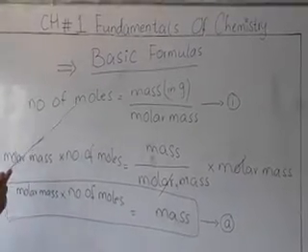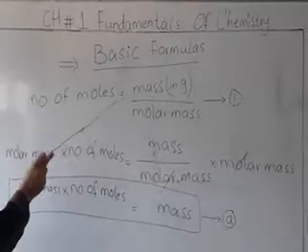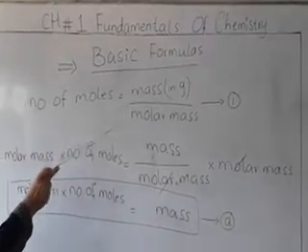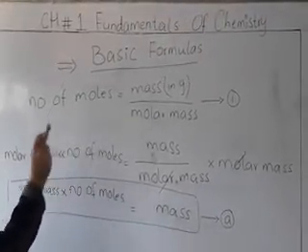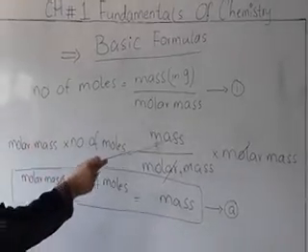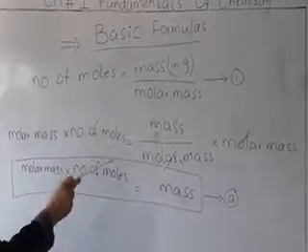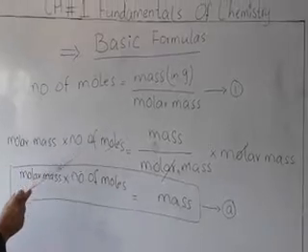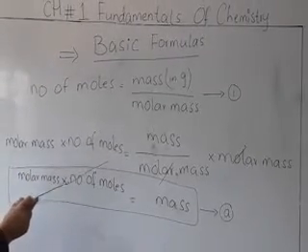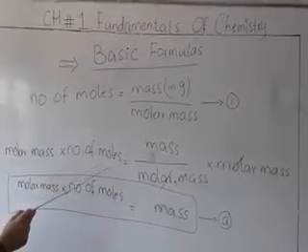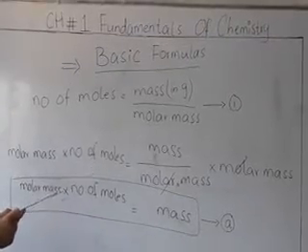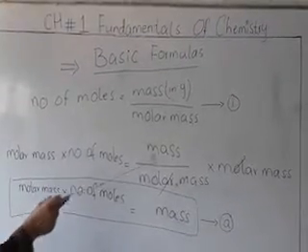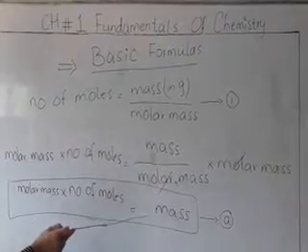Looking at the formula, number of moles is equal to mass in grams divided by molar mass. If the question is demanding to calculate mass and moles are given as data in the question, you are going to apply this formula and rearrange the quantities to calculate mass.